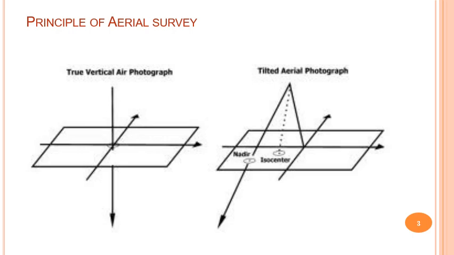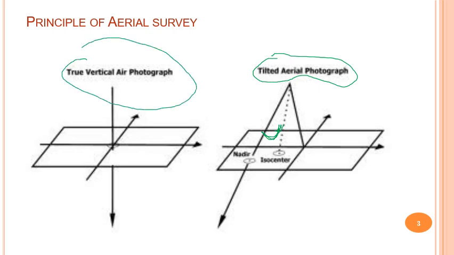But here the nadir line and isocenter are tilted. This is the tilt, and due to that this is called the tilted aerial photograph, and this is a true vertical air photograph.